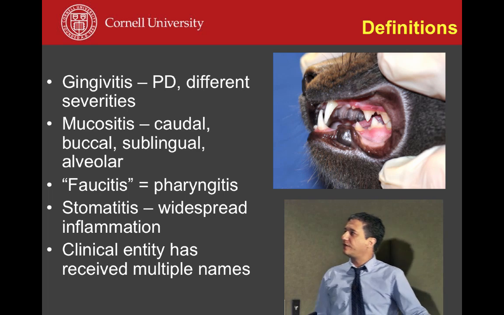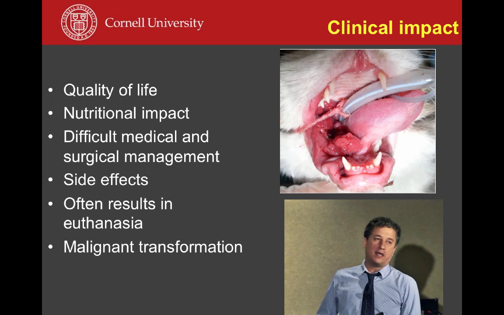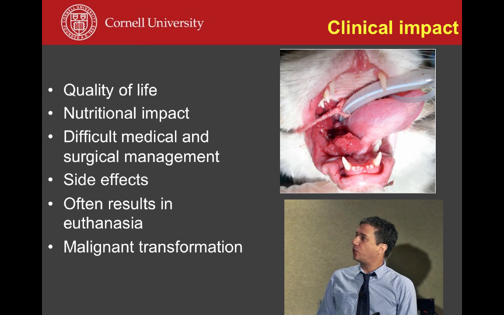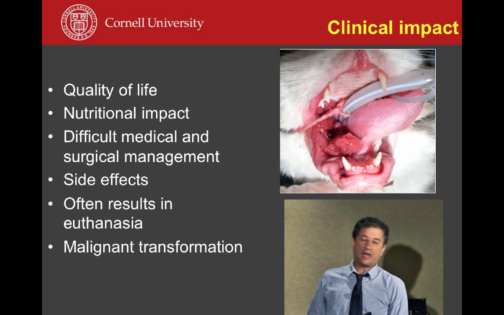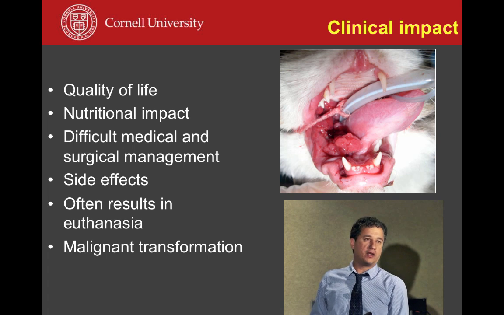The clinical impact of this disease is big. It's huge. This is a horrible disease. It affects significantly the quality of life of the cats. We're going to be talking mostly about cats, even though at the very end I'll talk about the entity in dogs as well. It has a big nutritional impact because these animals have a really hard time eating, or at least some of them.